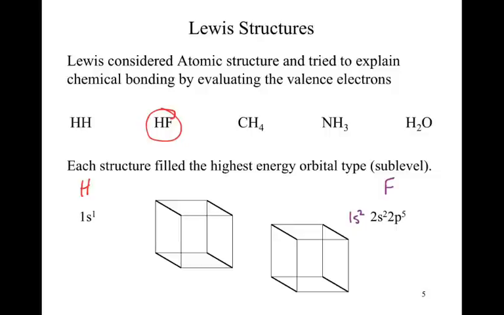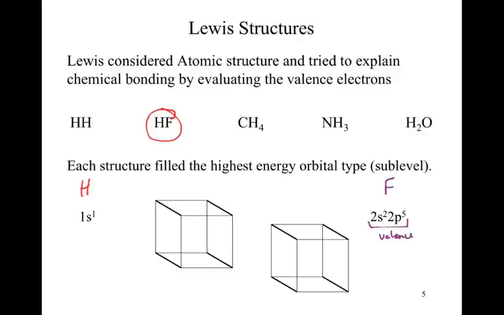He decided to ignore the 1s orbital in the case of fluorine. And that's because there were electrons further away that would more than likely interact with another atom. So we only look at the valence electrons in our configuration when we're looking at Lewis structures.